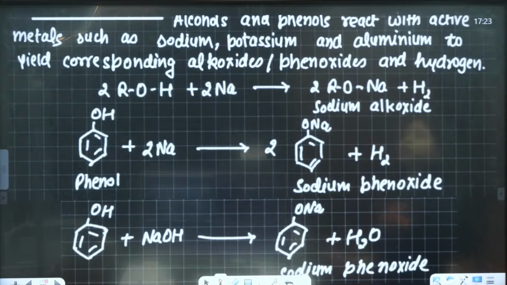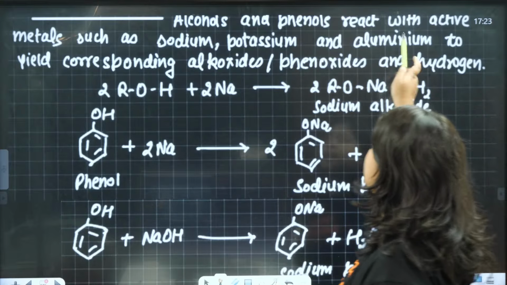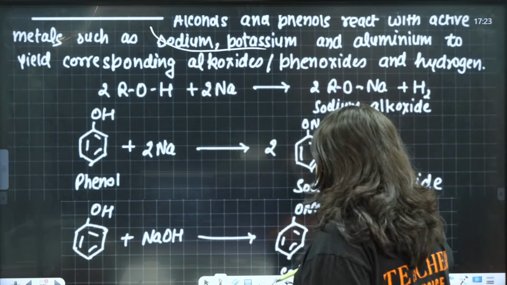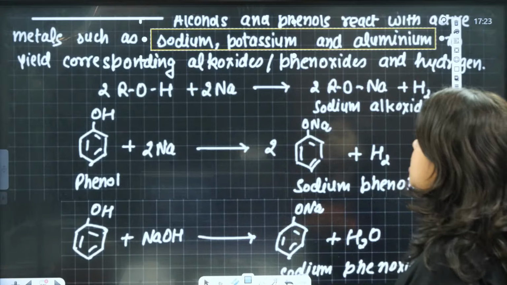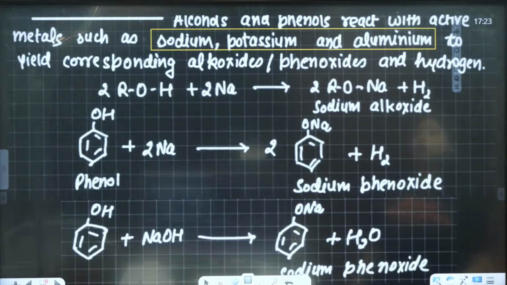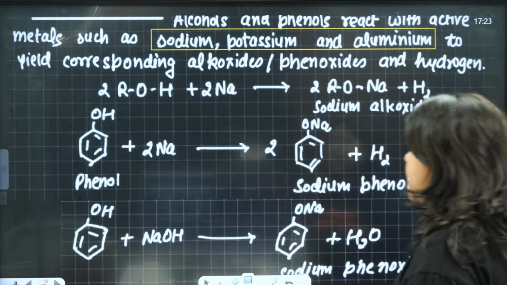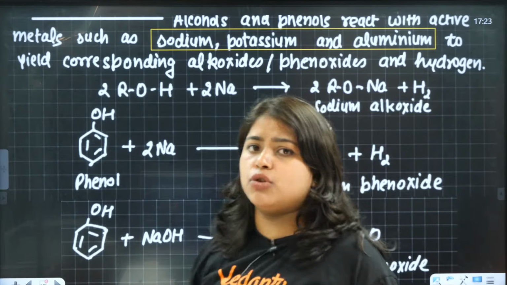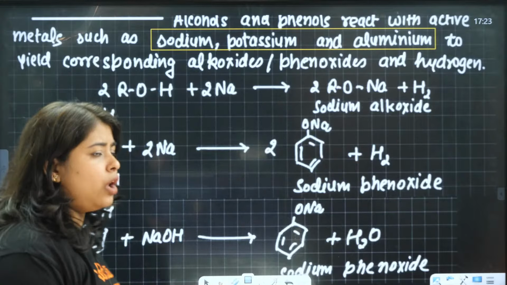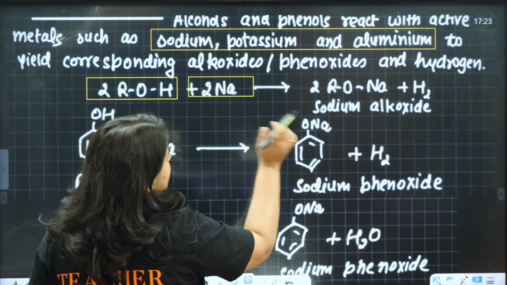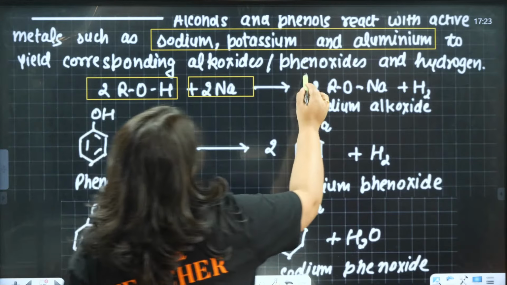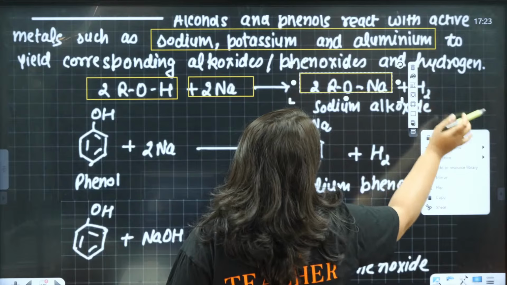Alcohols and phenols react with active metals such as sodium, potassium and aluminium to yield the corresponding alkoxide or phenoxide and hydrogen. ROH, the alcohol, reacts with sodium to form sodium alkoxide plus H2.